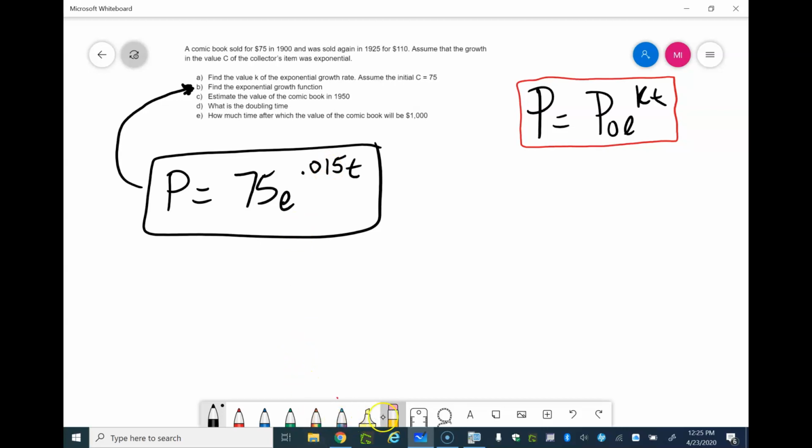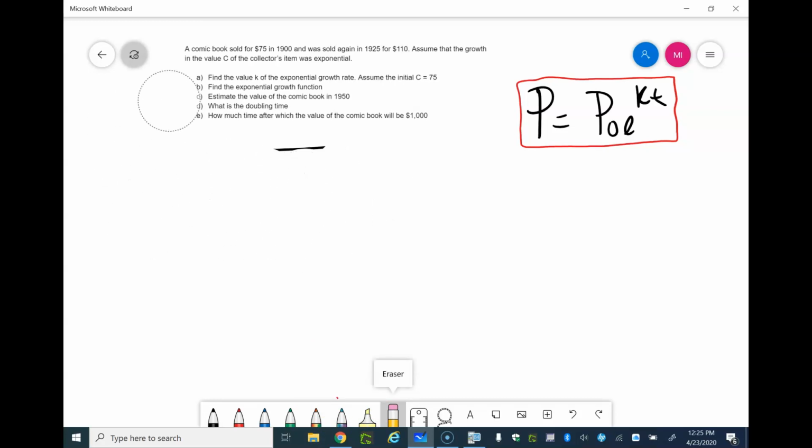Now let's move to part C. In part C, it says estimate the value of the comic book in 1950. So we're trying to figure out what the price is for the comic book when the year 1950 hits.